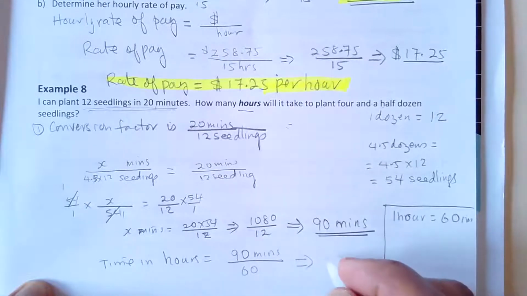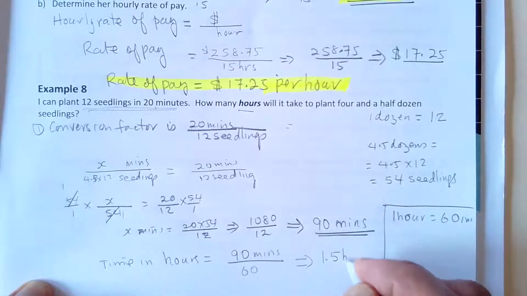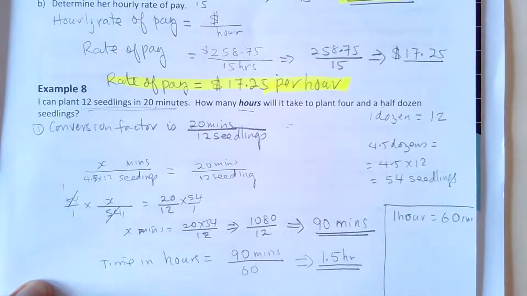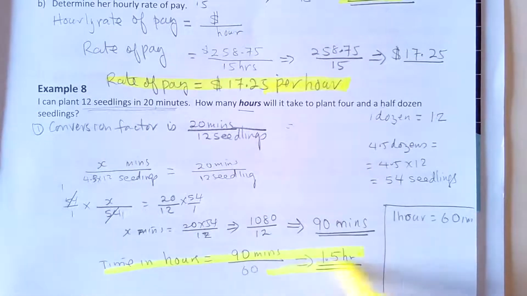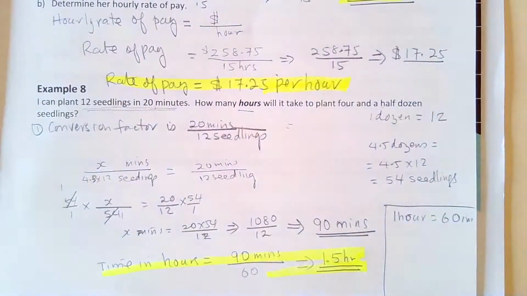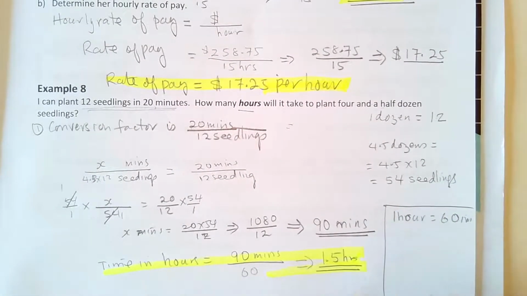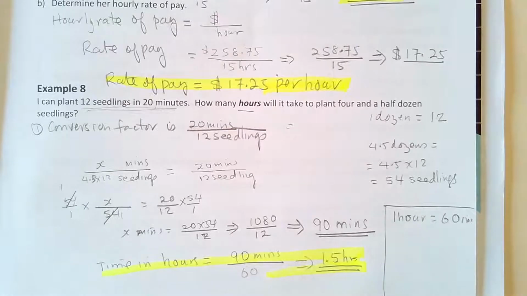It gives me 1.5 hours. So it will take 1.5 hours to plant 4.5 dozen seedlings.